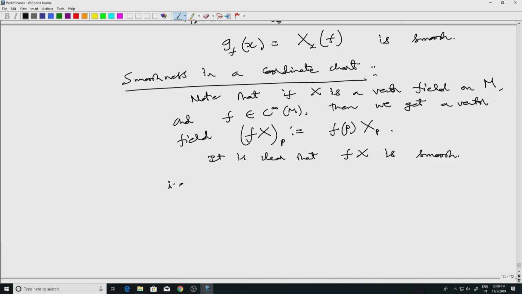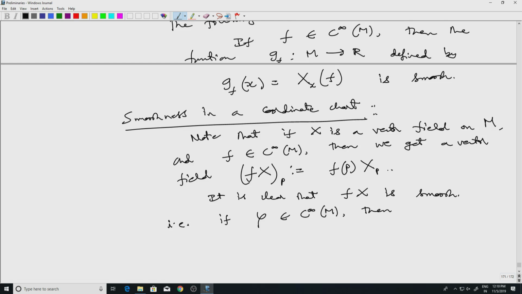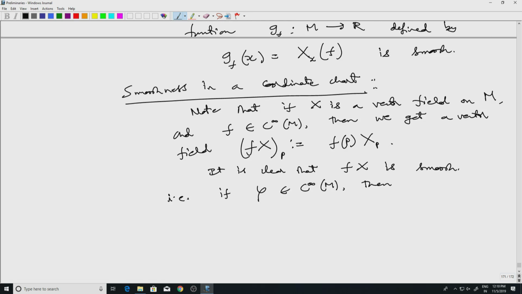I.e. if I take another C infinity function, phi belongs to C infinity(M), then the function g_phi just consists of taking the vector field at the point x and acting it on the function phi.